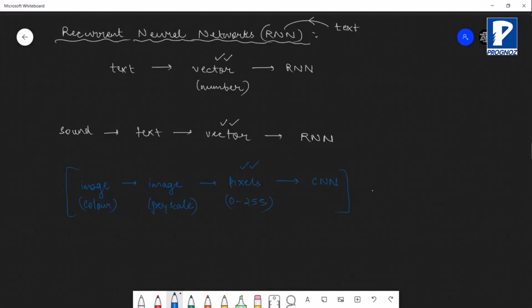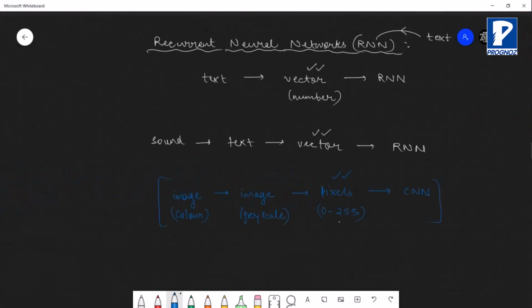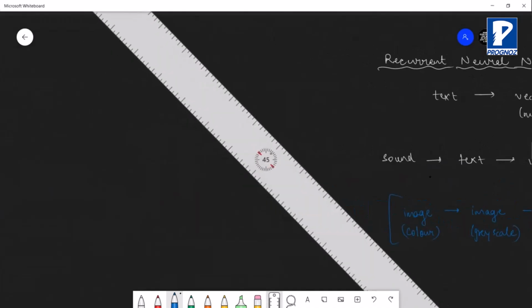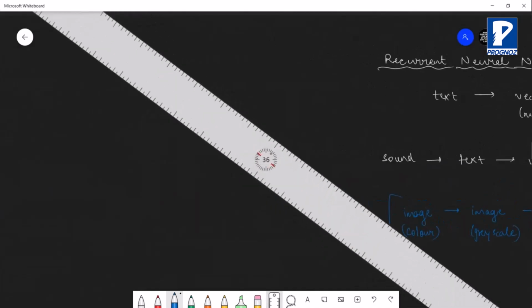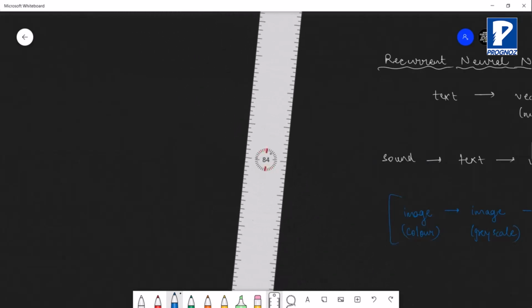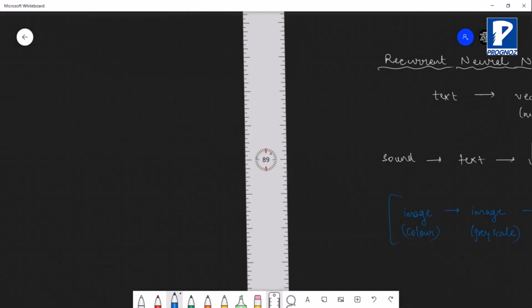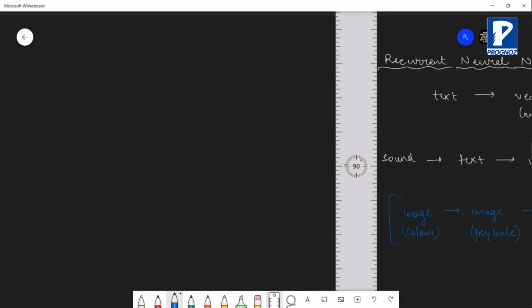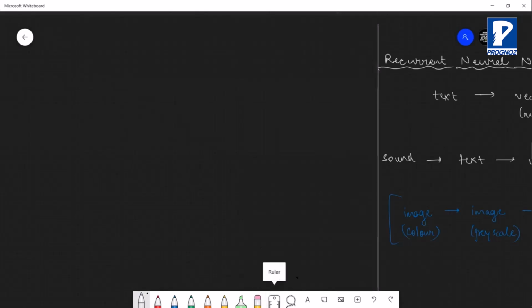Another thing that you should be knowing with respect to recurrent neural network is that in recurrent neural network, you will find that the input that you are having, the text corpus, the text input that you are having, they are dependent at times and they are independent at times.